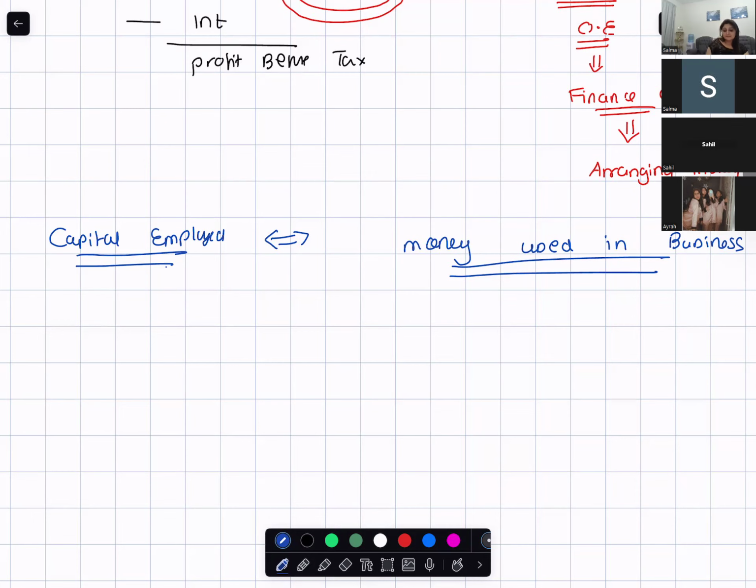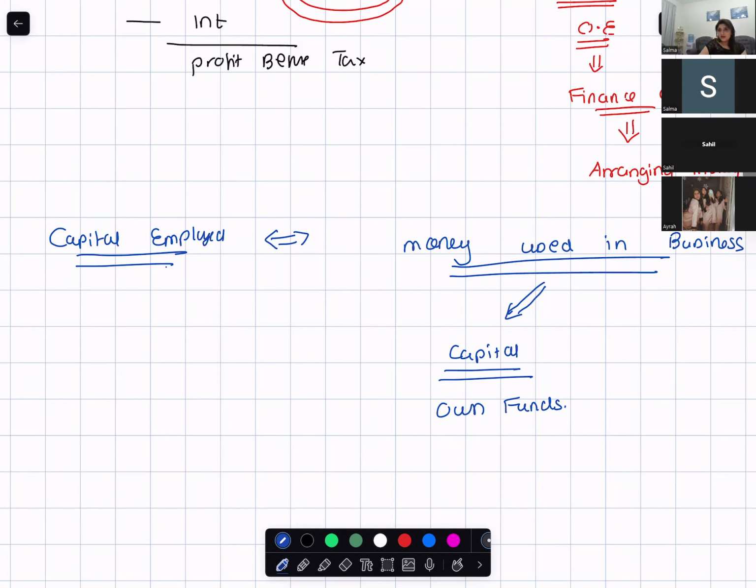The capital. Capital is what funds? Own funds. What other money you can use in your business? Shareholders' funds. You can use your own funds in business, correct?